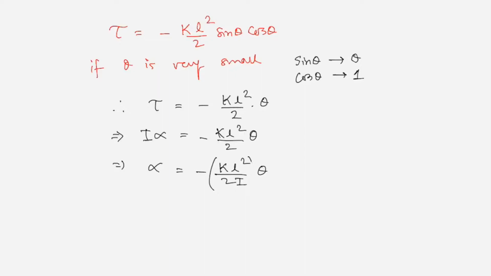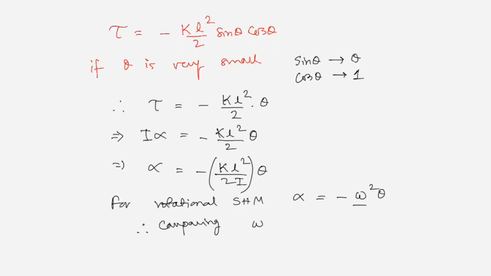Now we know for rotational SHM, not translational, alpha can be expressed as minus omega square into theta. Omega is the angular frequency. Therefore comparing, I will get omega square equals k L square by 2I. So omega equals root over of k L square by 2I.